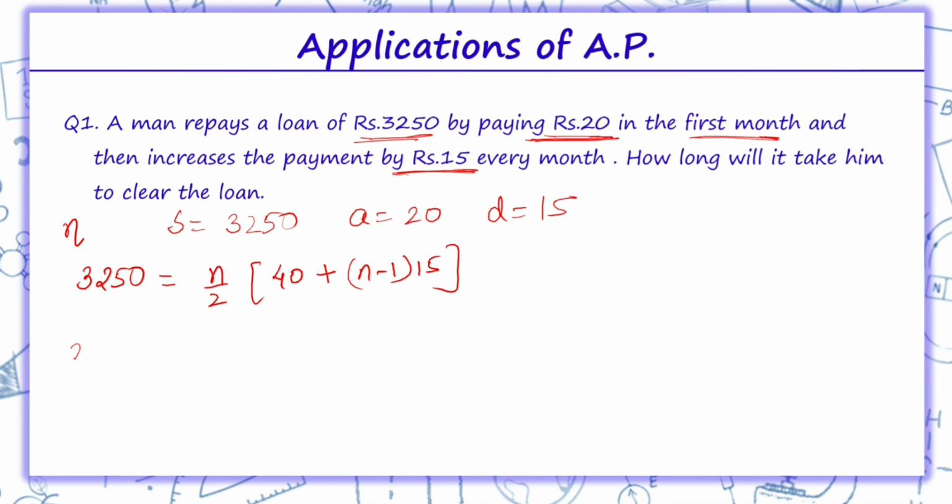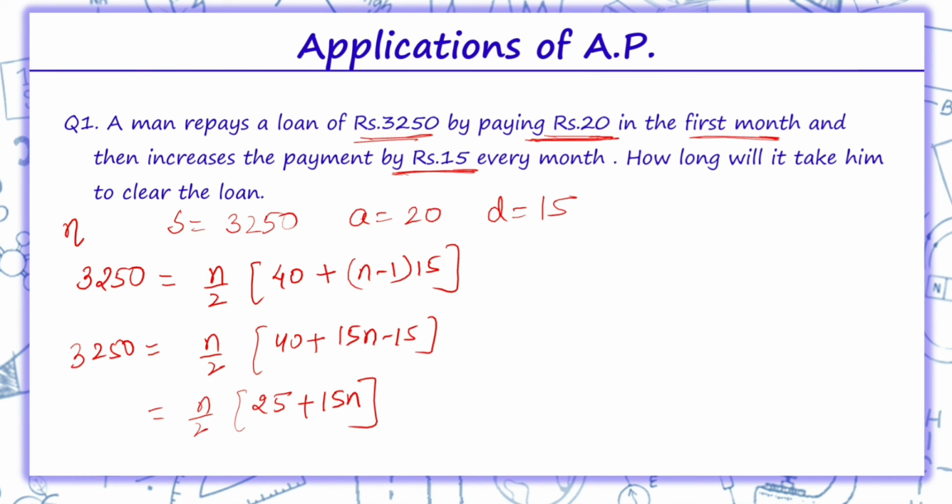Thus, when we solve it, 3250 equals n by 2, 40 plus 15n minus 15. 40 minus 15 will be 25, 25 plus 15n, we will take 5 common.